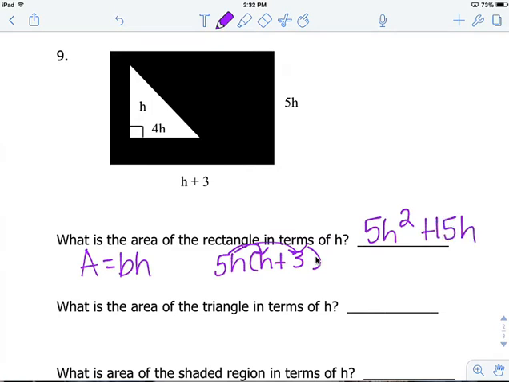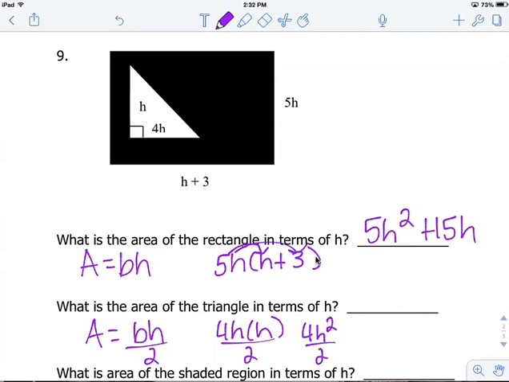Now it's asking for the area of the white triangle, so I'm going to use base times height divided by 2, which is 4h times h all over 2. 4h times h is 4h squared, and that divided by 2 is 2h squared.